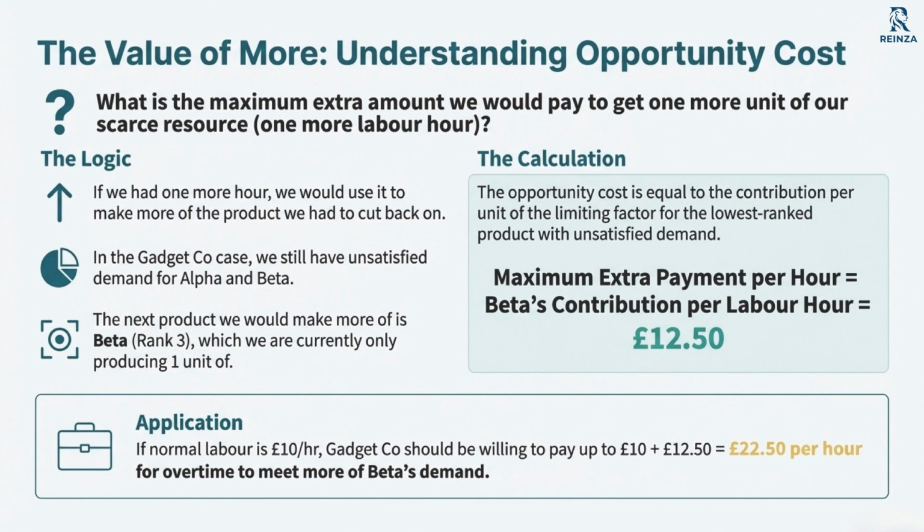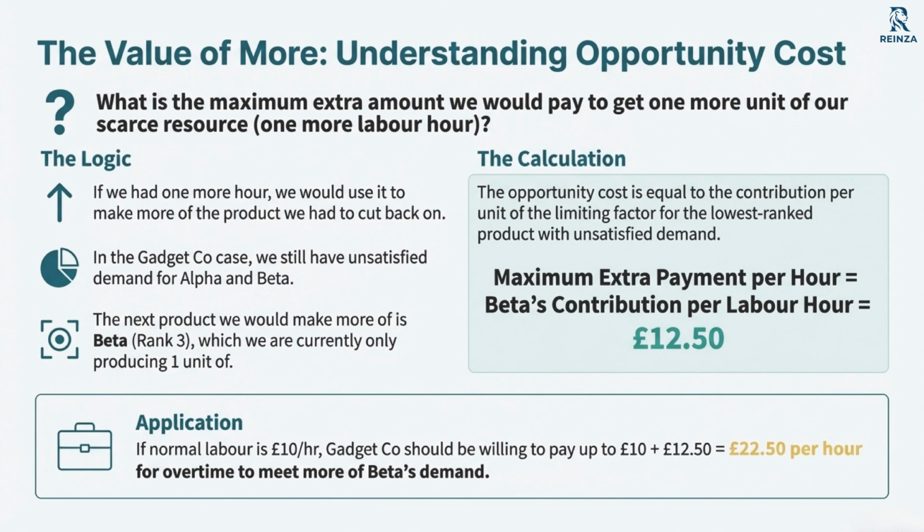Let us say normal labour costs £10 per hour. Gadget Co. should be willing to pay up to £10 plus £12.50, which equals £22.50 per hour for overtime or additional workers. Why? Because each extra hour generates £12.50 in additional contribution from making more beta units. As long as the extra cost is less than £12.50, the company is better off paying for those hours.